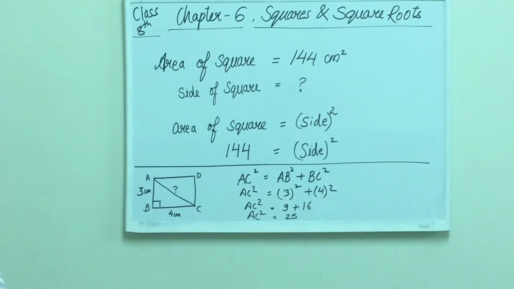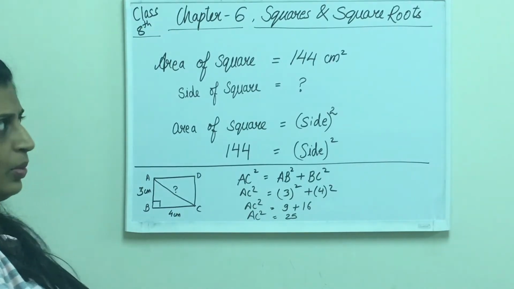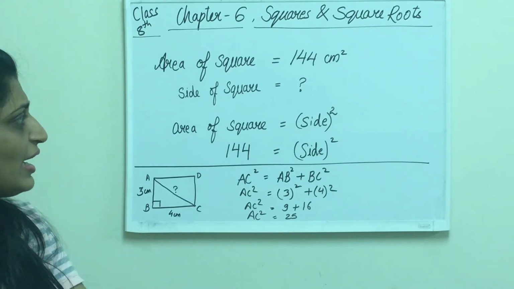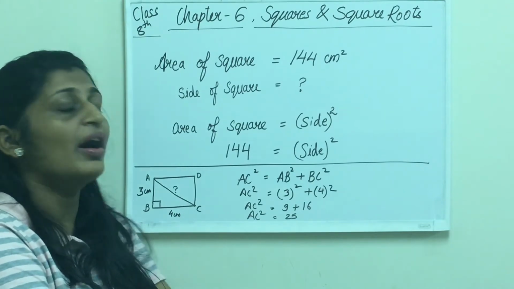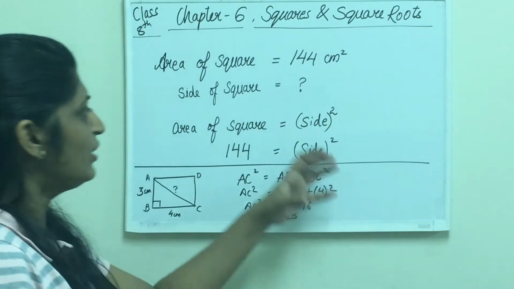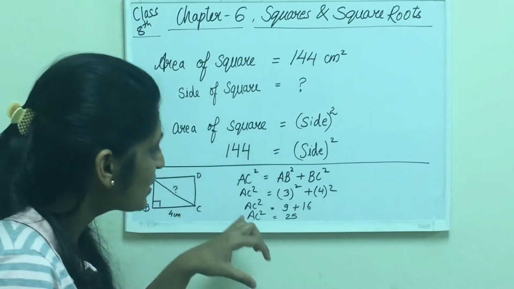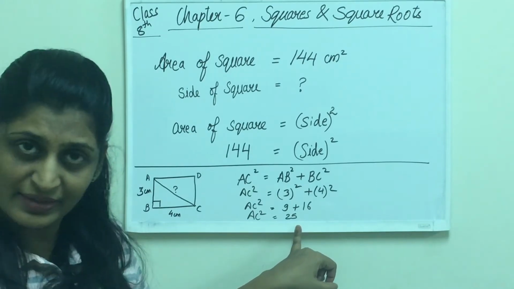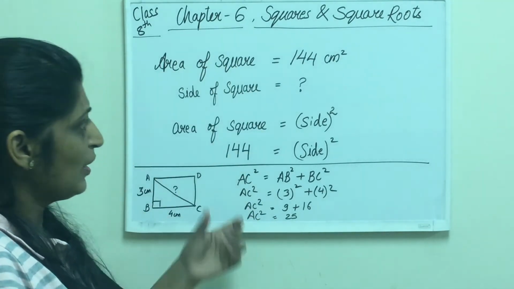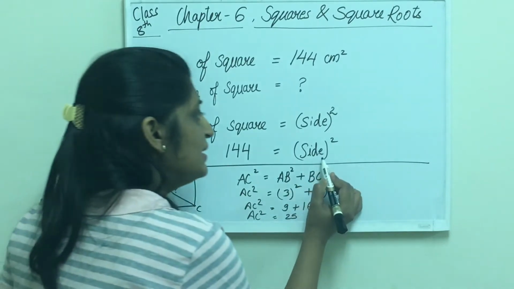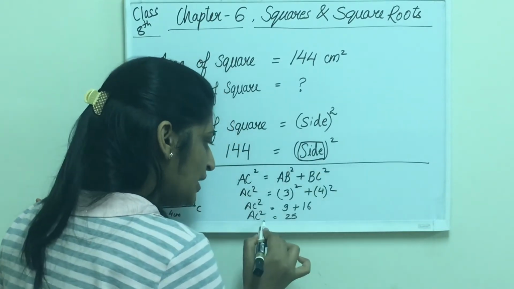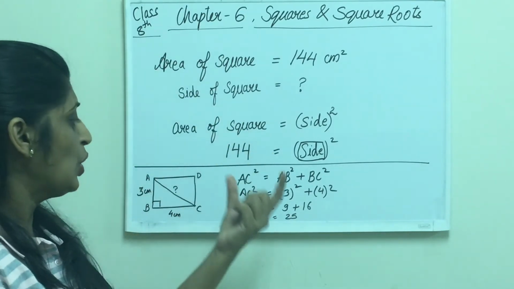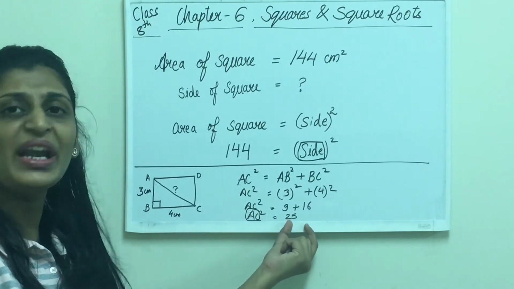In both the questions which I did on the board, we are supposed to find a number whose square will be 144 or whose square will be 25, right? In both cases we do not know the number whose square is 144, whose square is 25.